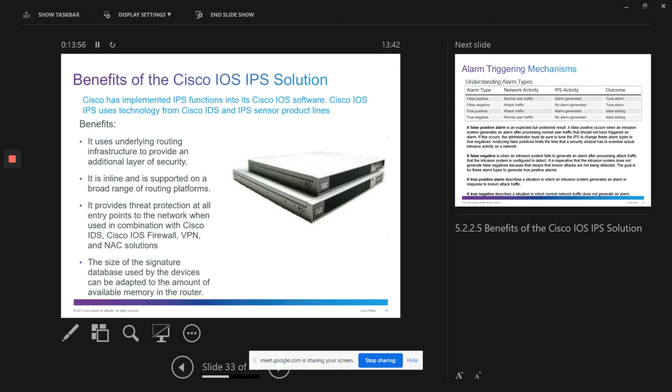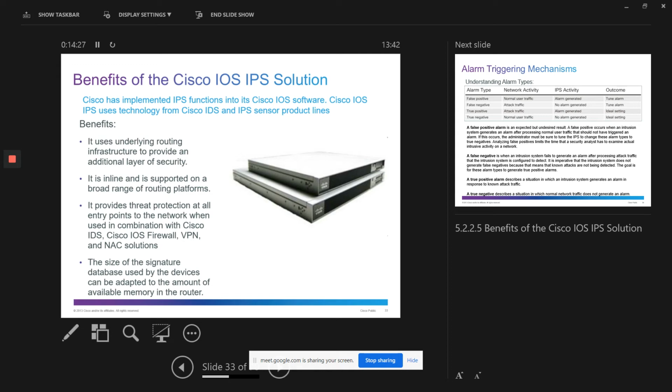Now, in terms of benefits of an iOS IPS solution, as I mentioned, there are a number of them. Cisco has implemented IPS functions into its Cisco iOS software as well. So they come as software, or they also come as hardware, but they are part of your iOS software. Now the Cisco iOS IPS uses technology from the Cisco IDS and IPS sensor product line.